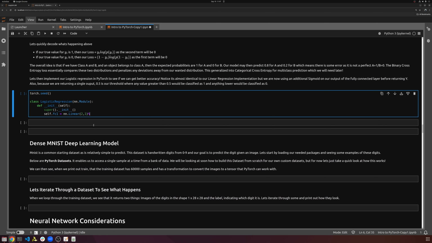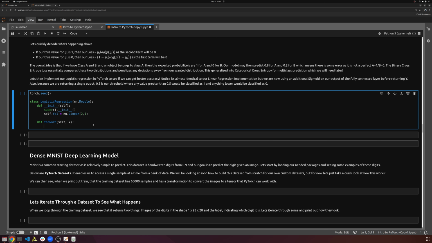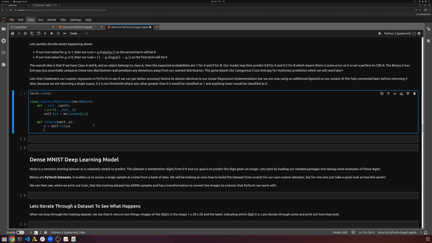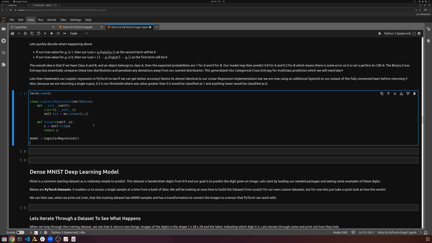Similarly, our forward(self, x), and y is going to be self.fc1. Actually, let's keep it the same. z is equal to self.fc1(x). Return z. So our model is equal to LogisticRegression, right?